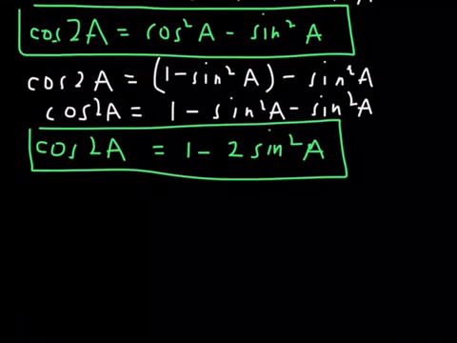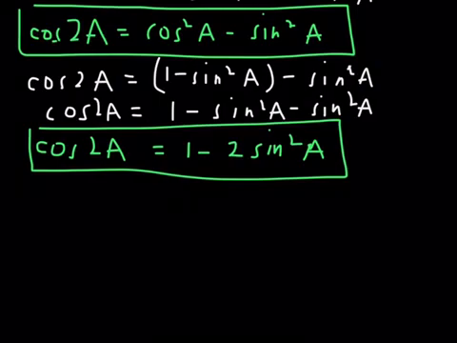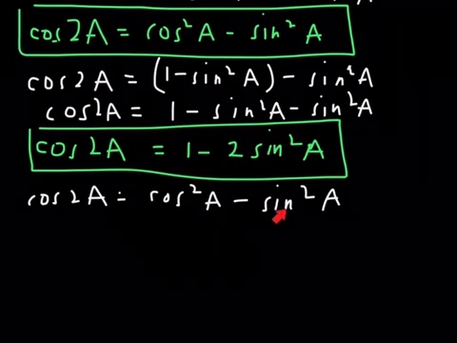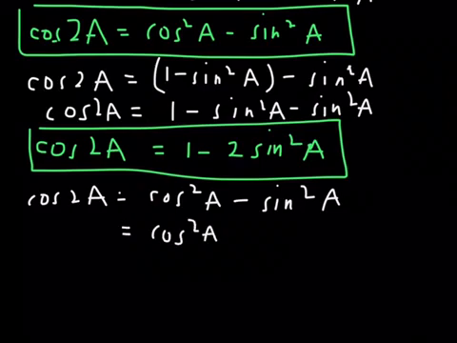Again, coming from this statement here, let me go back to that. Cosine of 2a, which is equal to cosine squared of a minus sine squared of a. What we can do this time around is replace sine squared of a with 1 minus cosine squared of a. So then this is equal to cosine squared of a minus 1 minus cosine squared of a.